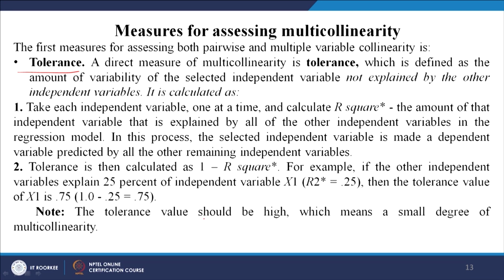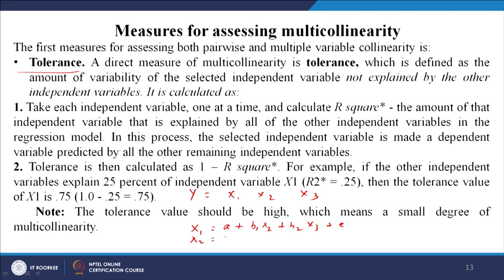Suppose I have x1, x2 and x3, three independent variables. First, this is my y equation, but to calculate tolerance, I will first take x1 as my dependent variable. So, what is the equation? x1 is equal to a plus b1 x2 plus b2 x3 plus error. Second, I will take x2.